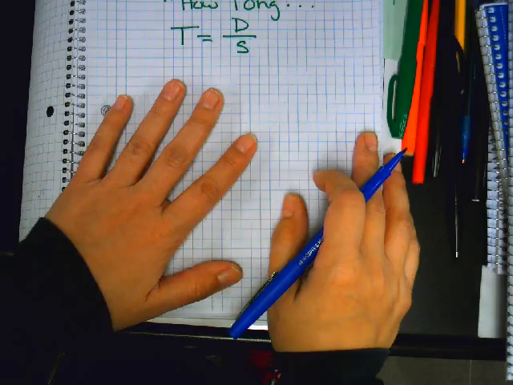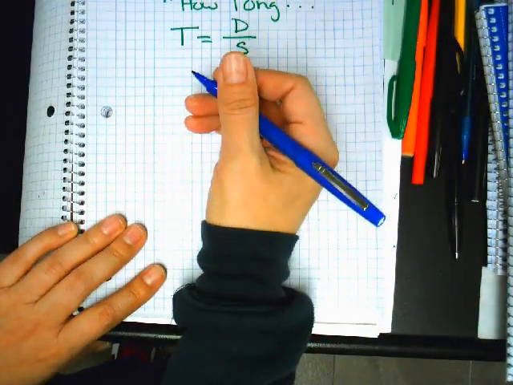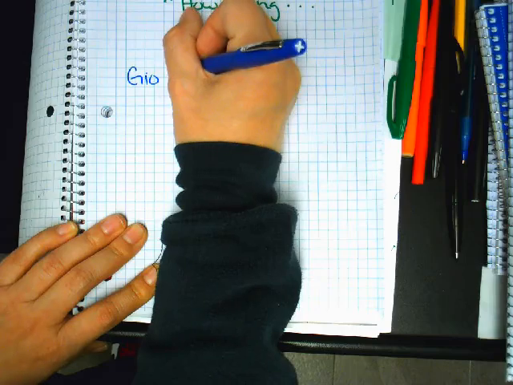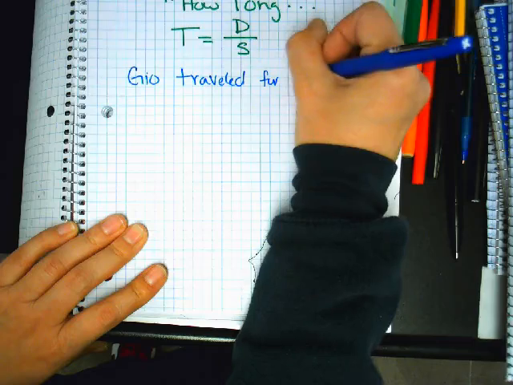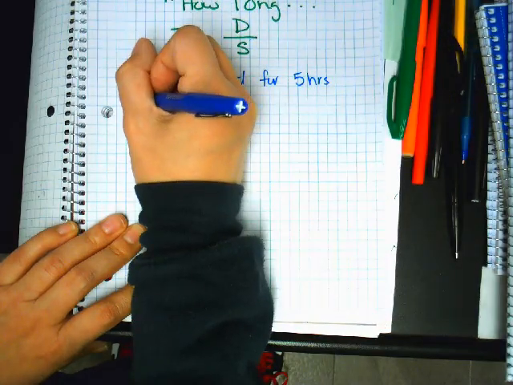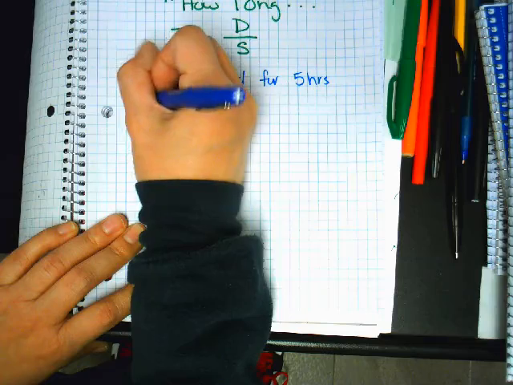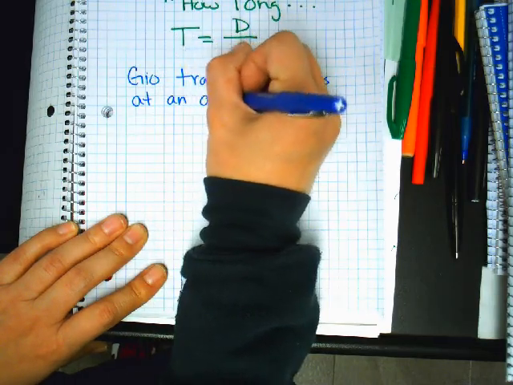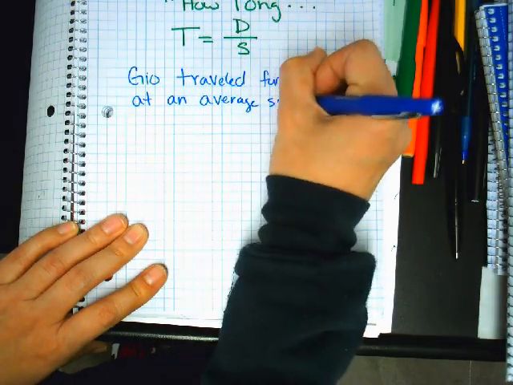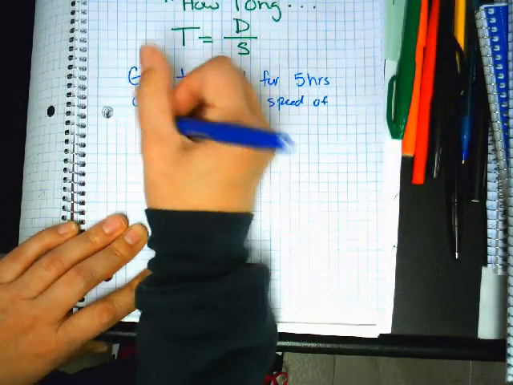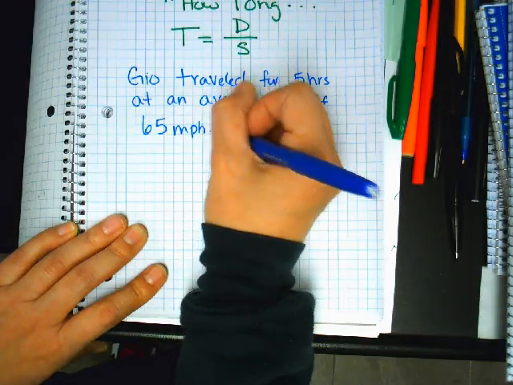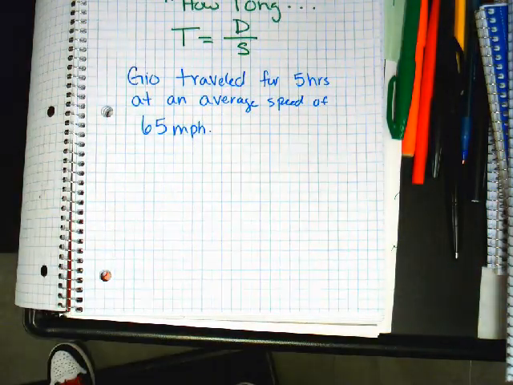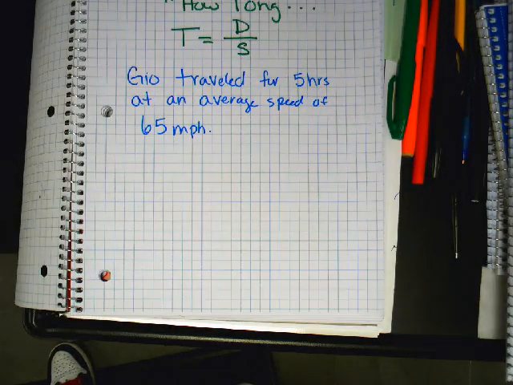It is early days, so I think I'm only going to do one problem with you. Gio traveled for 5 hours at an average speed of 65 miles per hour.